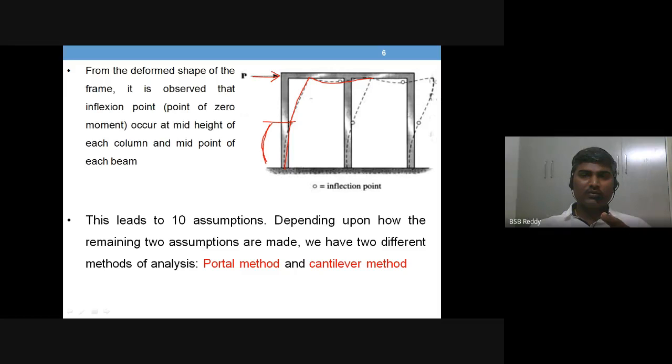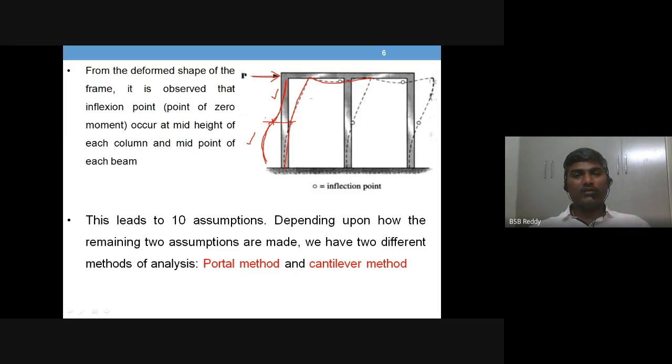Then you see the remaining half of the column is going to have bending in the opposite direction, inward bending. This is outward bending, this is inward bending. So the change point, the bending change point, is the middle of the column.